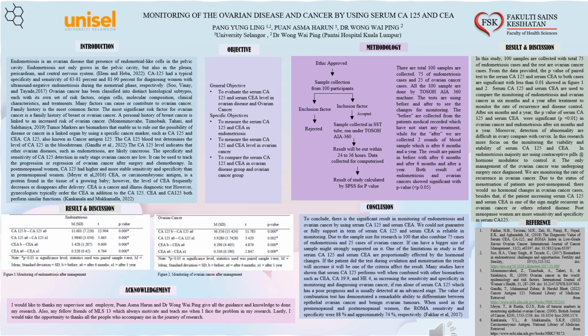So this value has demonstrated a remarkable ability to differentiate between epithelial ovarian cancer and benign ovarian tumor. When used in premenopausal and postmenopausal women, the ROMA sensitivity and specificity are 88% and approximately 37%.